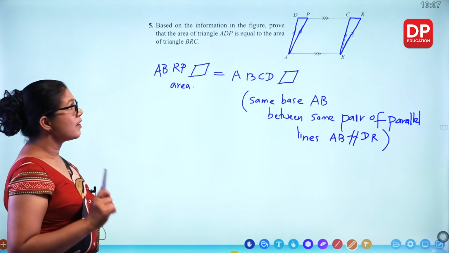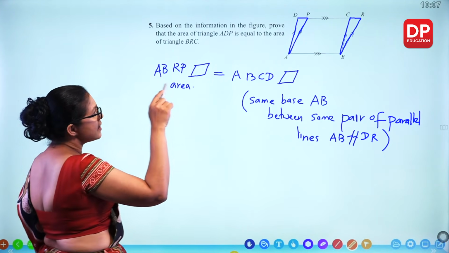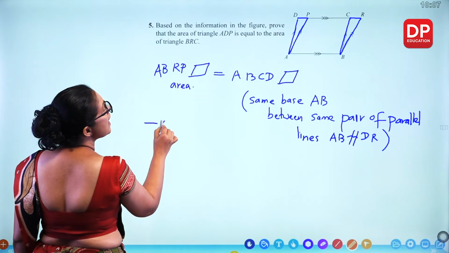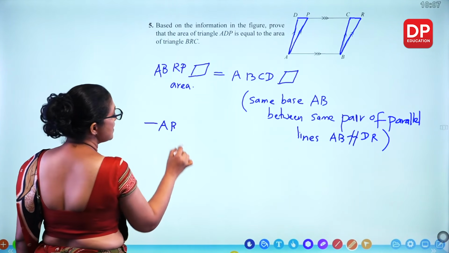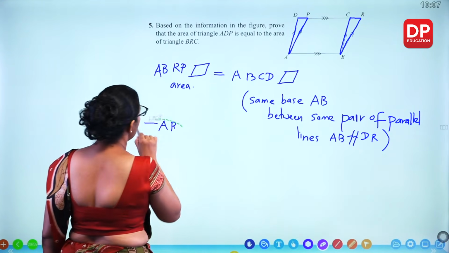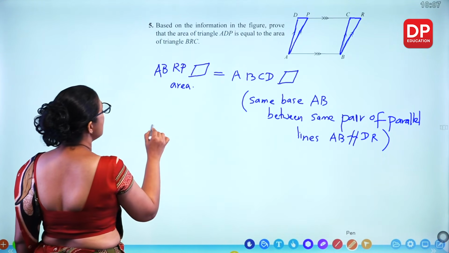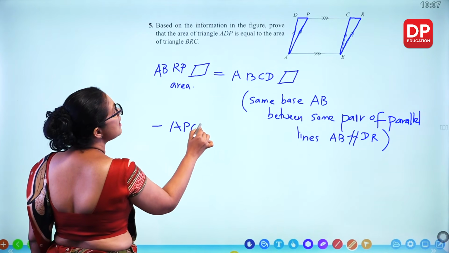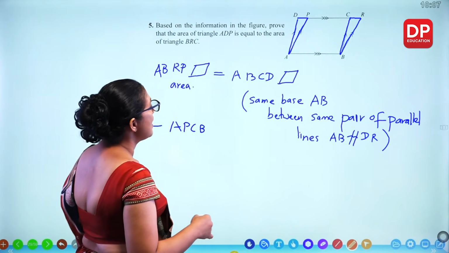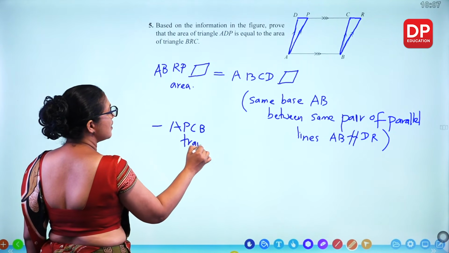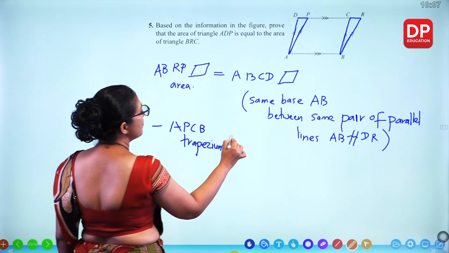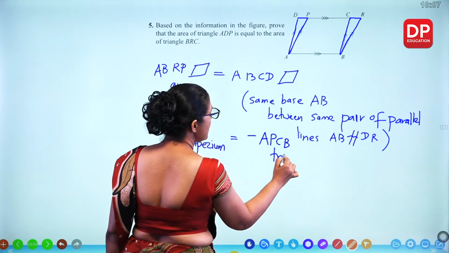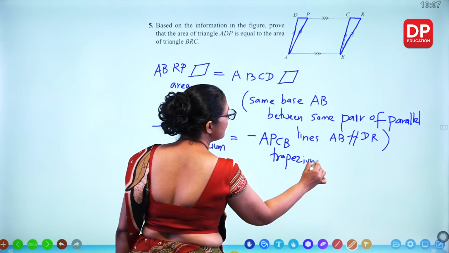The areas are equal. Now look at this one. We are trying to subtract the APCB trapezium from both sides.